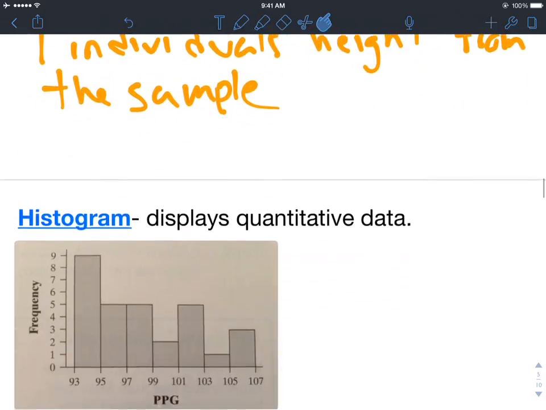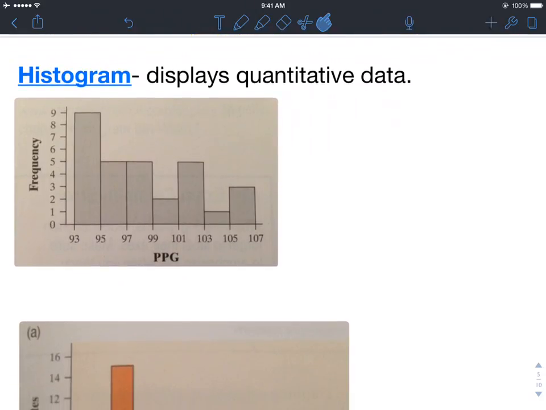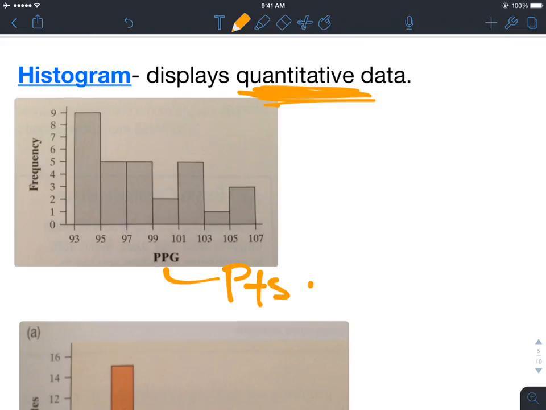Histograms will look like bar charts, but there's a little bit of a difference. Histograms display quantitative data. So like this PPG is, for you basketball players, points per game. Because you could score 94, 96, you could score points in this range.